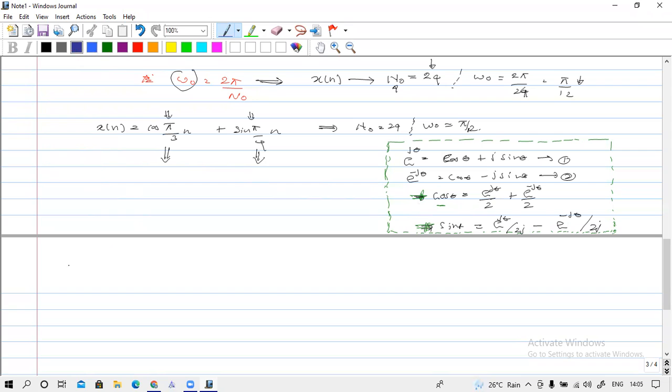Okay, so I can write this x[n] using exponential terms.